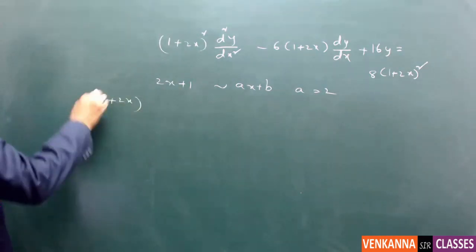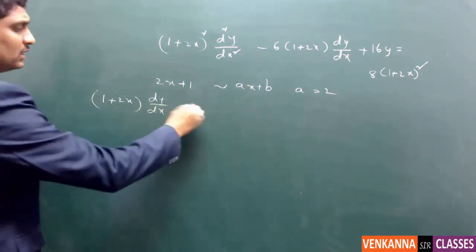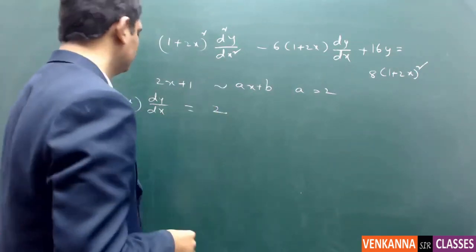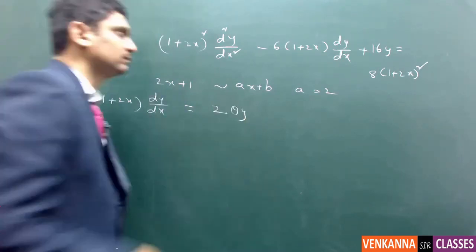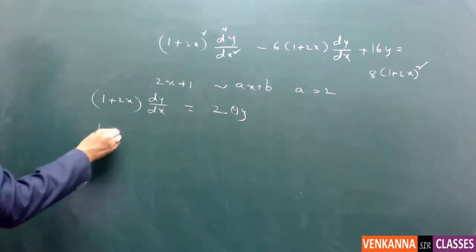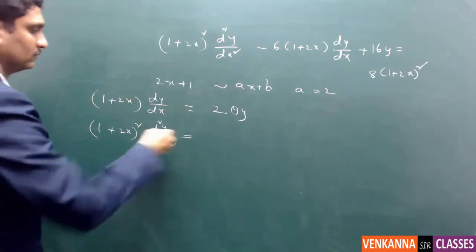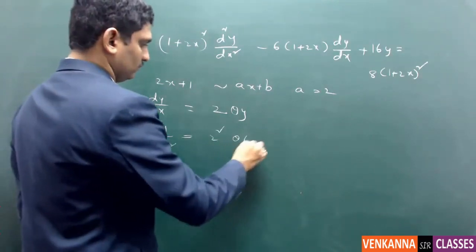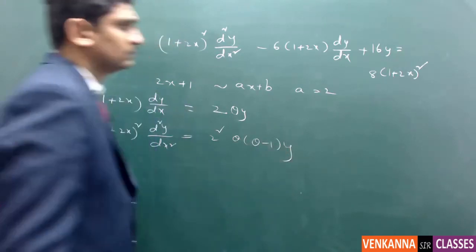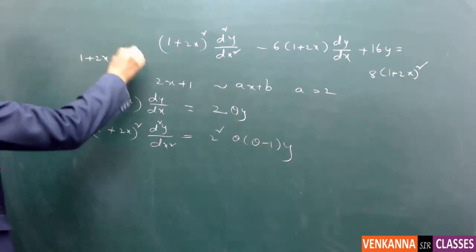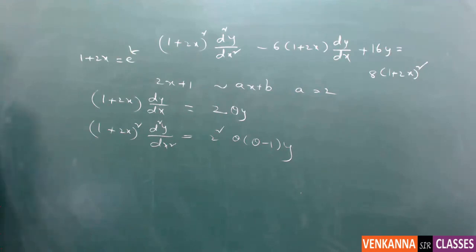So (1 plus 2x) into dy by dx will be replaced with 2 theta y, accepted, and 1 plus 2x will be taken as e power t. Please check, and t is equal to log of 1 plus 2x.